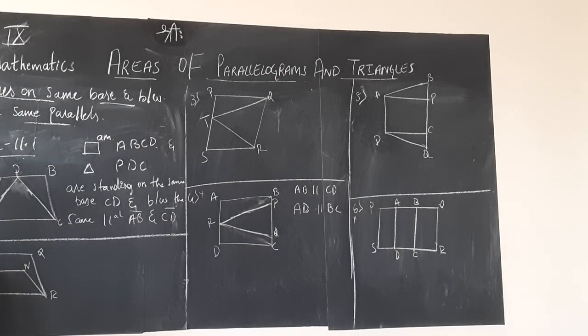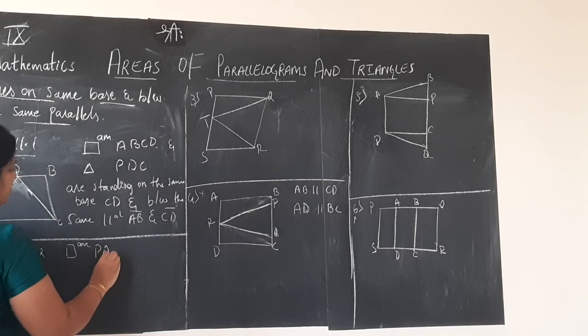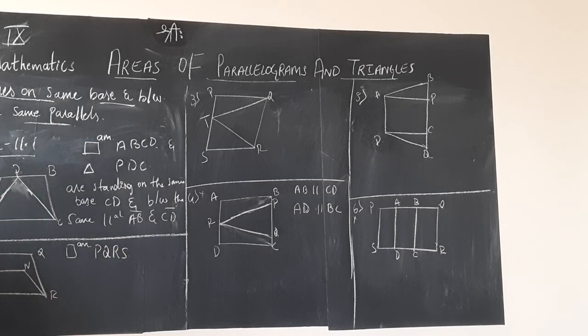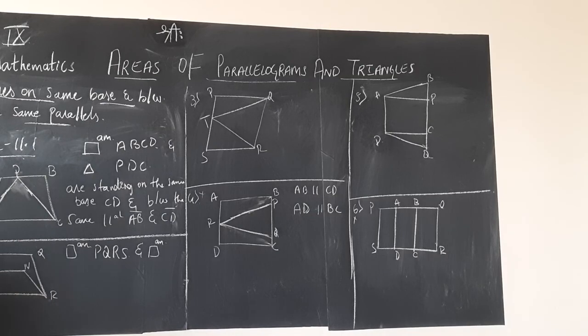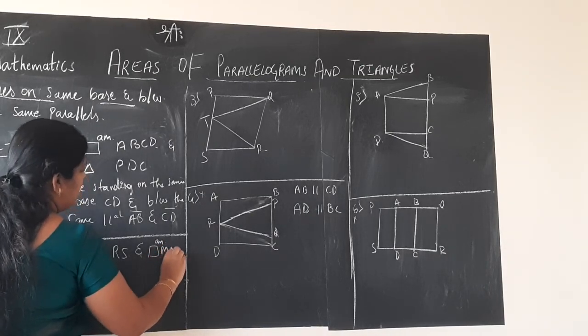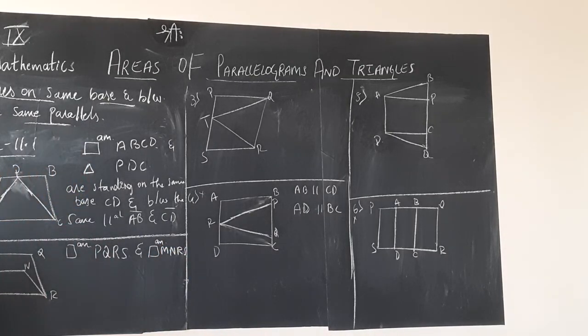Now look at this figure. It has 2 parallelograms. The first one you can see is the outer parallelogram PQRS, and one more parallelogram inside, which is MNRS. PQRS is one parallelogram, MNRS is another.